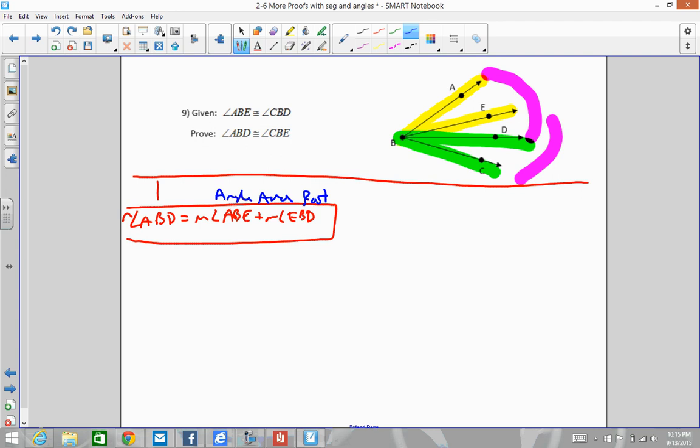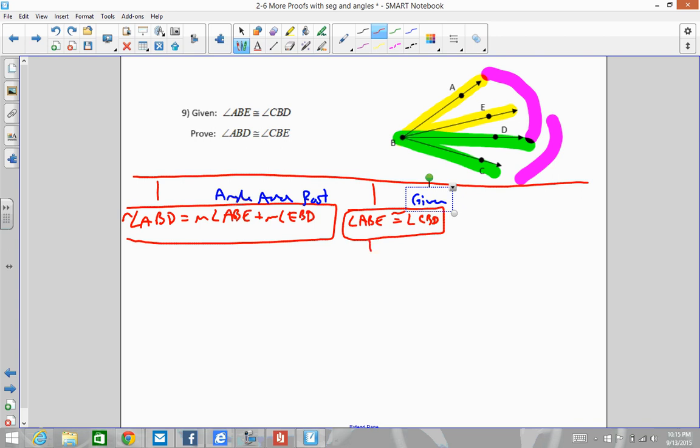Okay. And so if I go there, I kind of don't have anywhere else to go right now. But I do know that the yellow angle and the green angle are the same. So let's bring those in. Angle ABE is congruent to angle CBD. All right, and that was given information. I'm going to write given. All right, but I can't put that into the other one because it's a congruent sign.